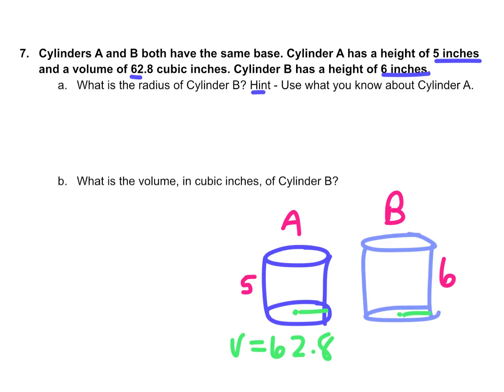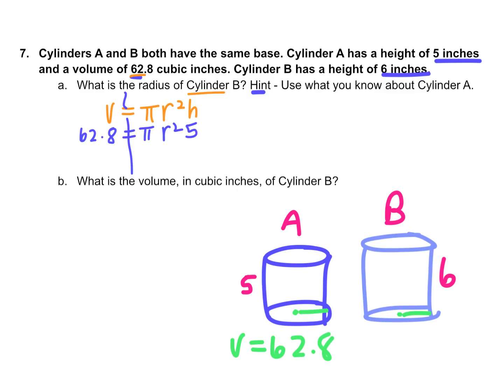So let's go ahead and focus on cylinder A and find out what the radius is based on the information that we have. So since it's a cylinder, I'm going to do pi r squared h. Now I do know the volume, so on the left side under the V, I'm going to put in 62.8. And I don't know the radius, but I do know the height of cylinder A is 5.